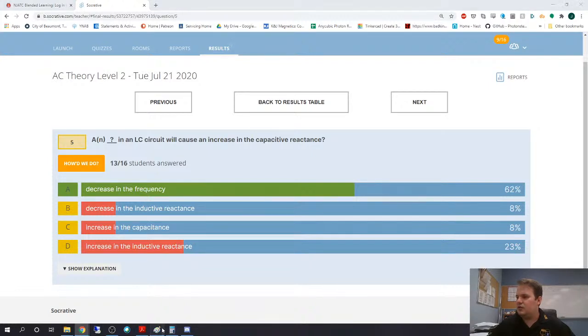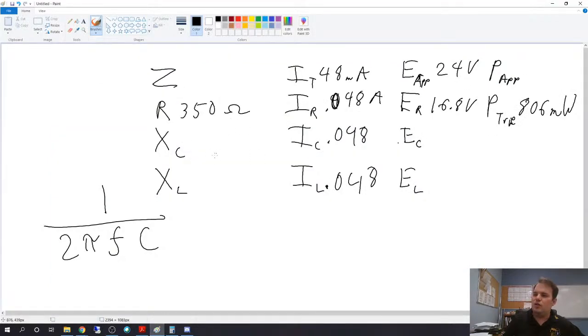Yes. So if you lower anything down here, it's going to increase XC, which is capacitive reactance. All right, so that's it.